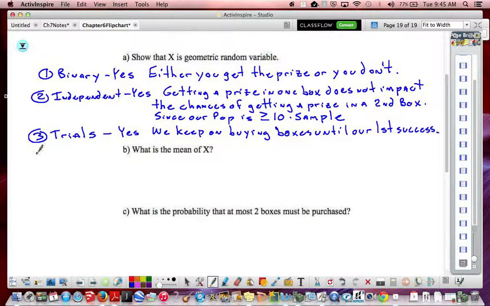What's the probability of success in this case? 20%. So the probability of success, p of x equals 0.20.